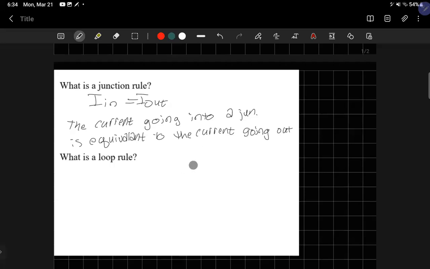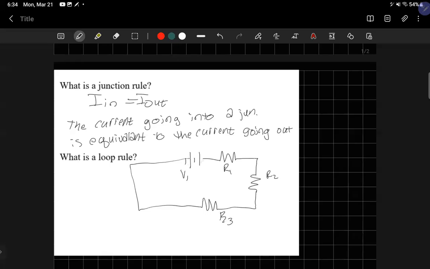Let me write it the other way. U1, R1, R2, R2. I make a loop.